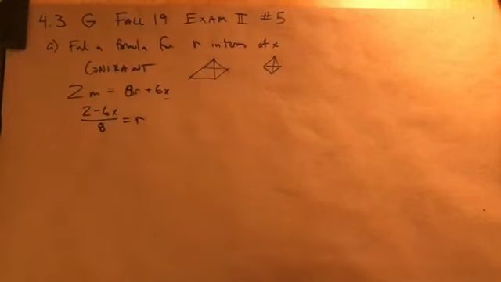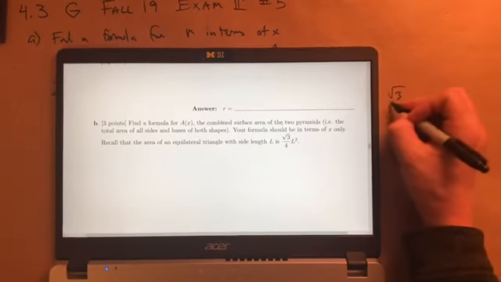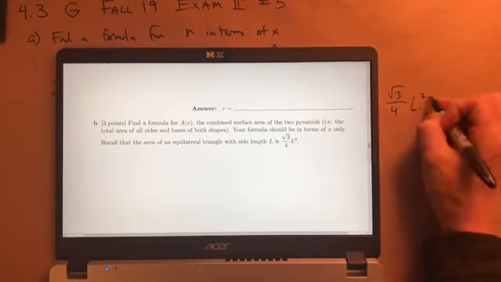In part B, we're asked to find a formula for the combined surface area of the two pyramids, the total area of all sides and bases of both shapes. And our formula should be in terms of x only. Recall that the area of an equilateral triangle with side length L is root 3/4 L squared.